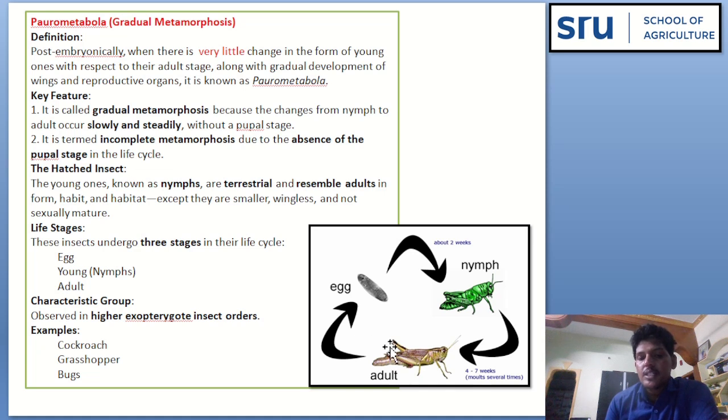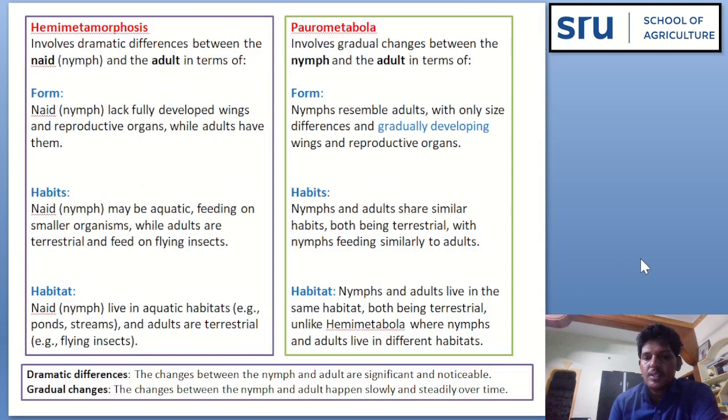The insect undergoes three stages in its life cycle, that is egg stage, nymphal stage, and adult stage. And this kind of development is observed in higher exopterygote insect orders. For example, cockroach, grasshopper, and bugs undergo gradual metamorphosis.